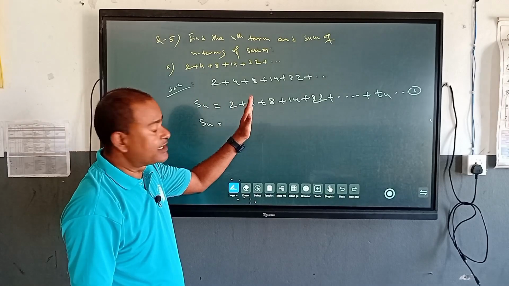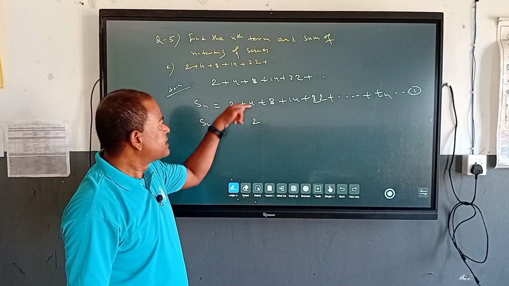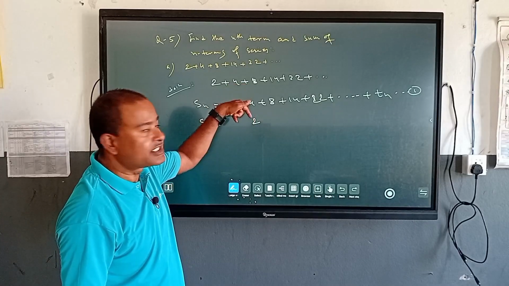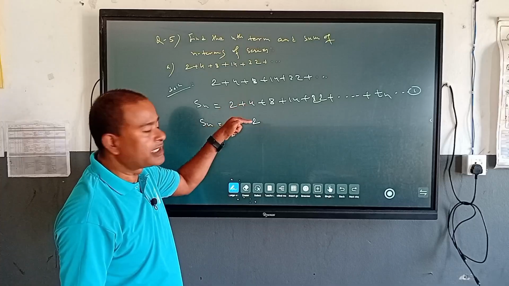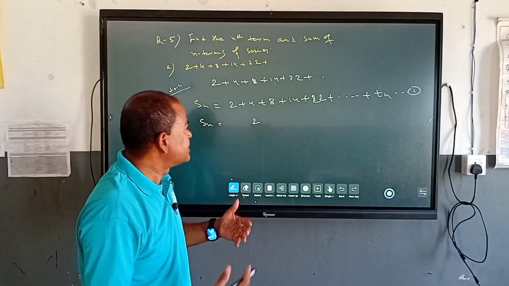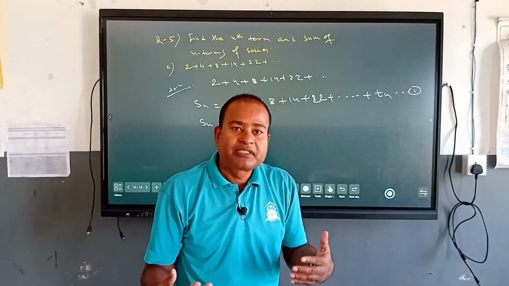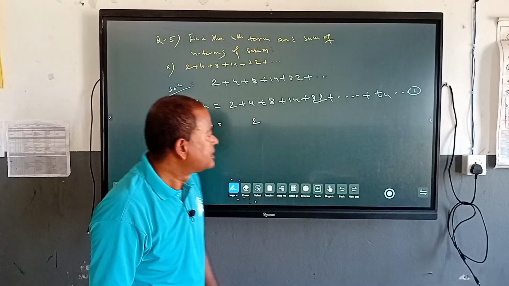So we write down the first term of the series just below the second term, because we have to take the difference between the second term and the first term, that is 4 minus 2. In this way we arrange the series so that we can take the difference between succeeding and preceding terms.